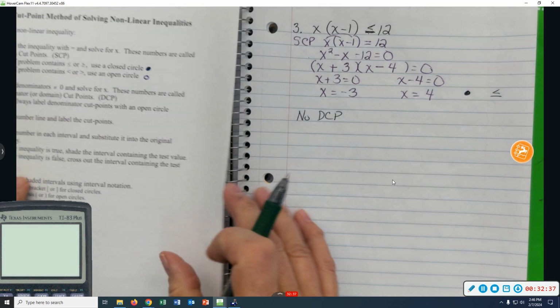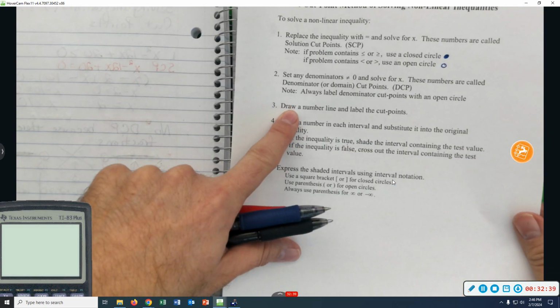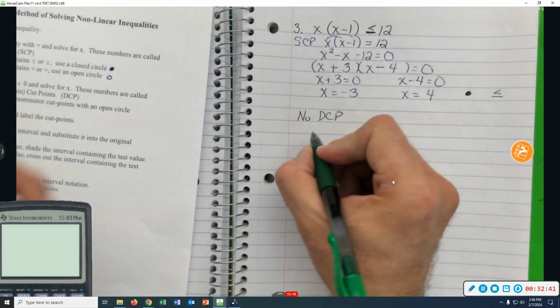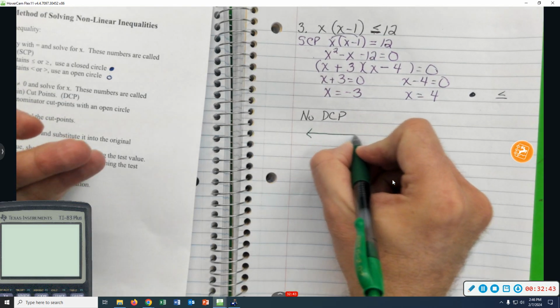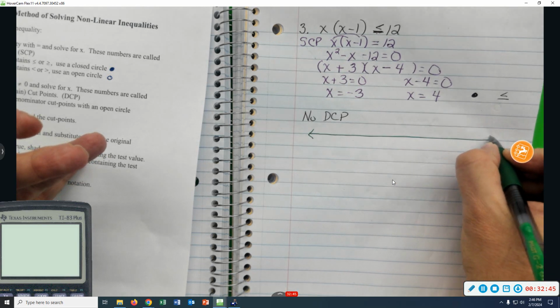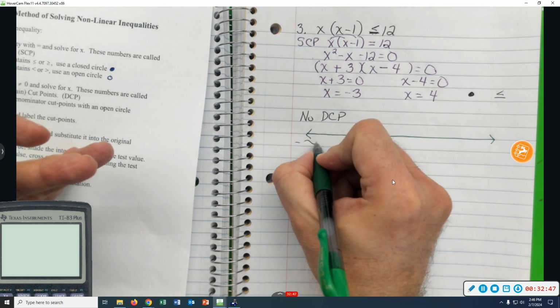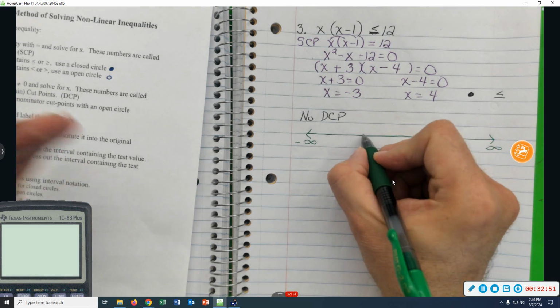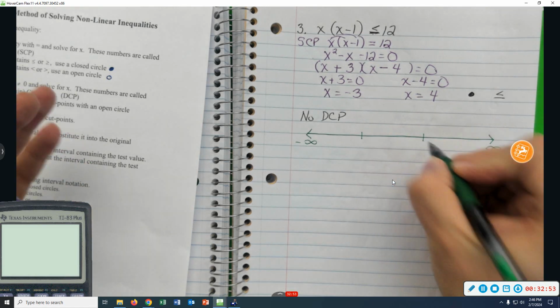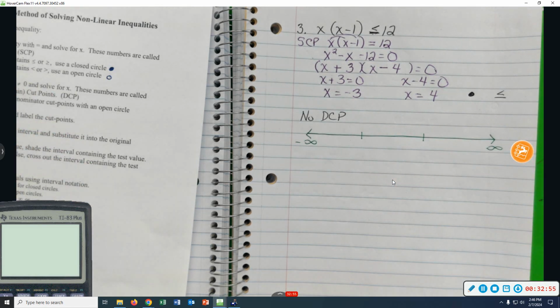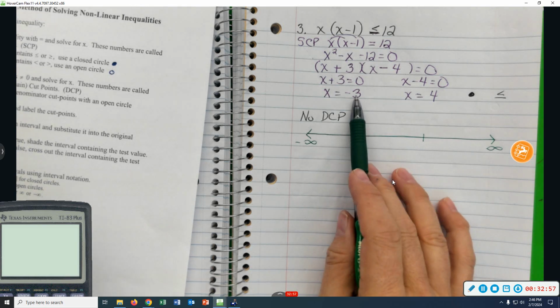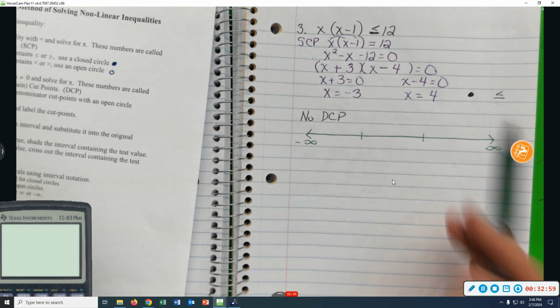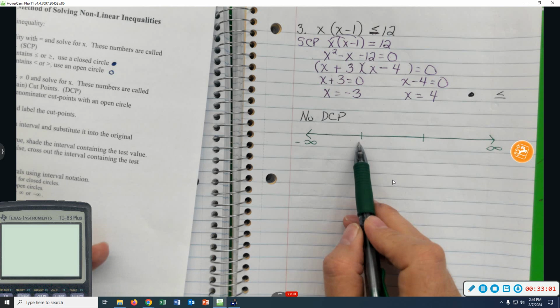So now we're up to step 3. Draw a number line and label those cut points. Okay, here it is. Sometimes students laugh at me or think, what sort of idiot, when I say make sure you put those numbers in numerical order. We have negative 3 and positive 4. Which number is going to go here on the left?